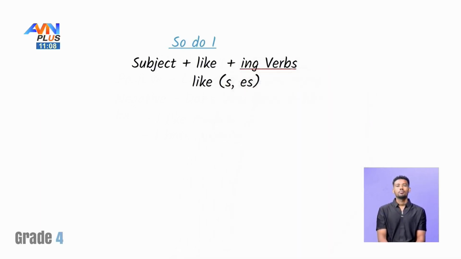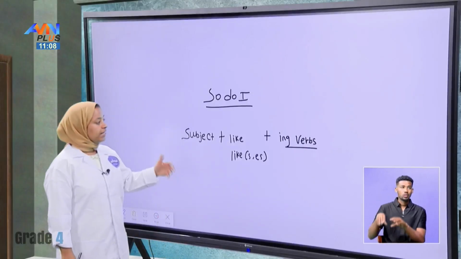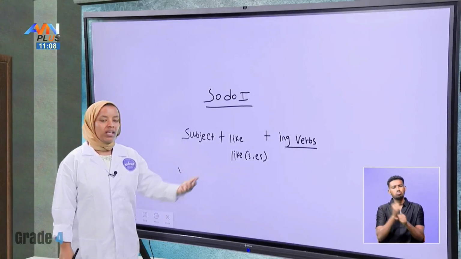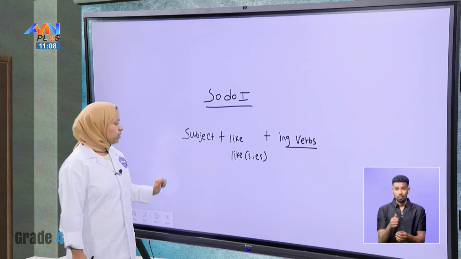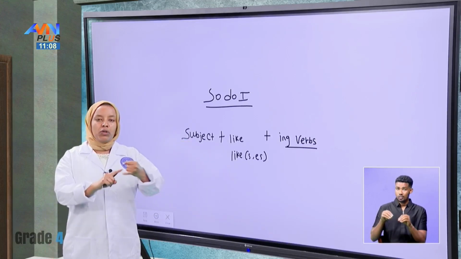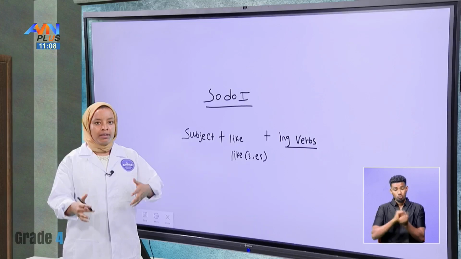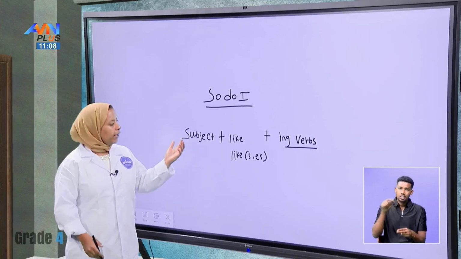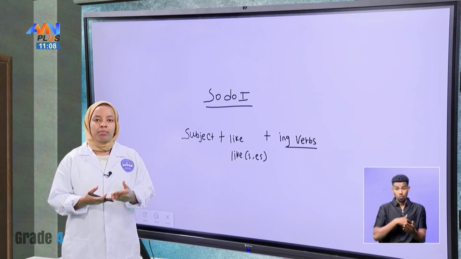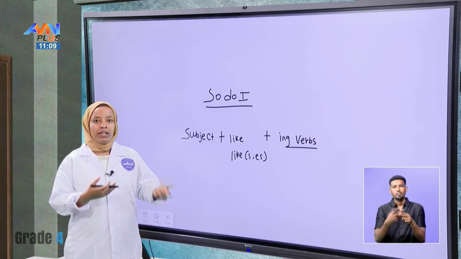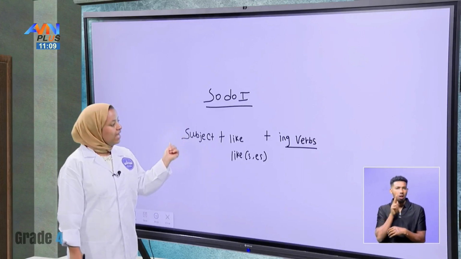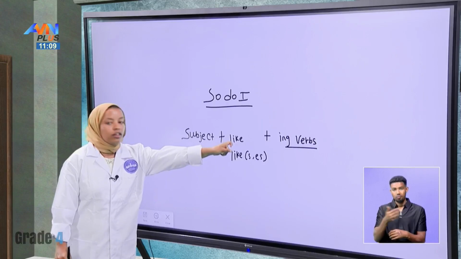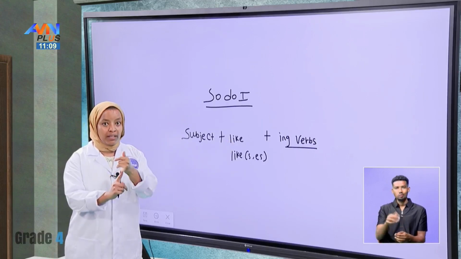Look, students, this is how you are going to make sentences when you are using like and dislike. Here is subject. When we say subject, we can say pronoun: he, she, it, I, or whatever. And also, we can use names, like Nabila, Hannah, Abel, as a subject. And also, the next one, like, or it might be dislike.